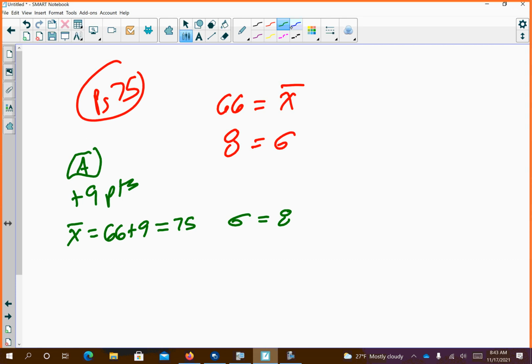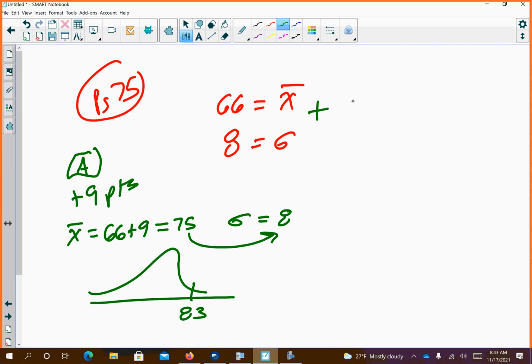Now, of course, if I were to write this on a normal curve, if I want 8 out, I could find one standard deviation out by adding. So I'd have one standard deviation out being 83. Whereas on the old one, if I added those together, that's going to give me 74. Okay? So the spread of the data is still going to be the same. Yes, this is improved, but your standard deviation is still going to be 8. It's not going to become some new magical number.